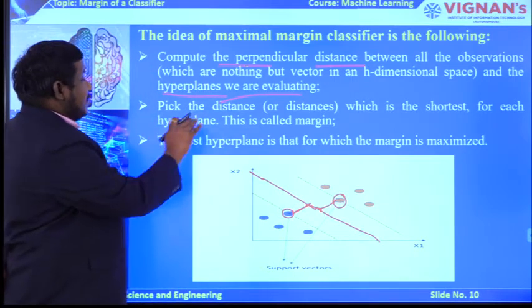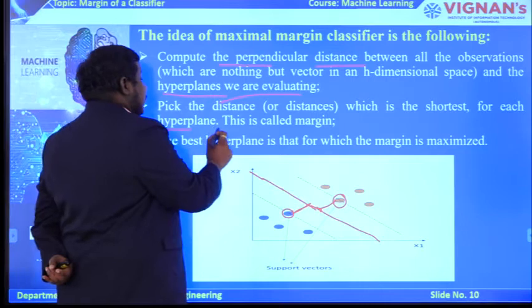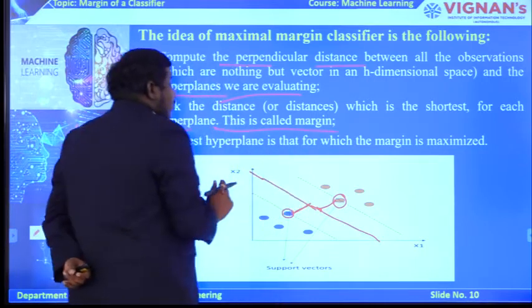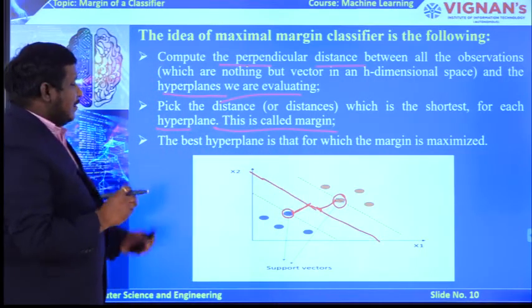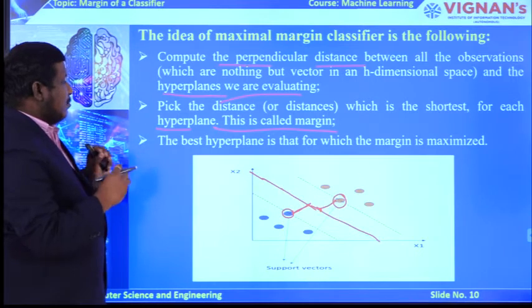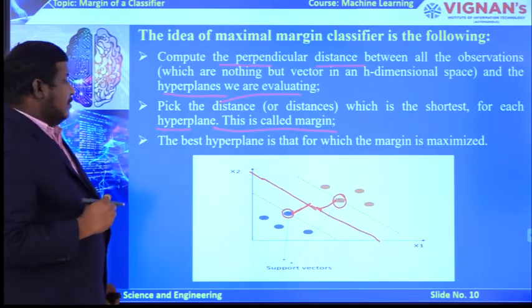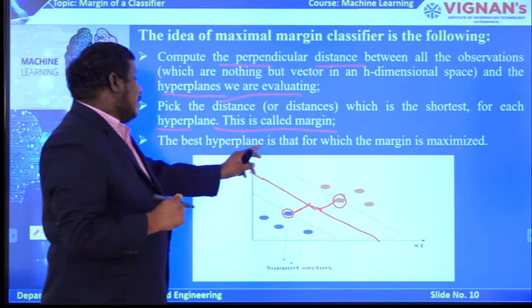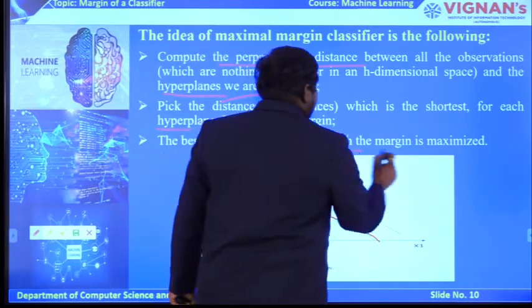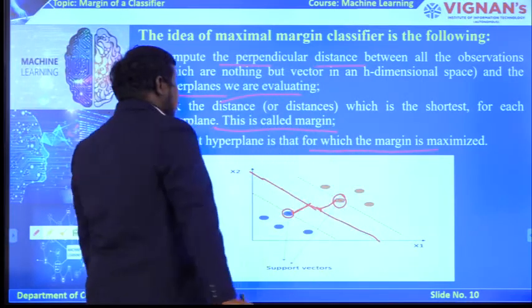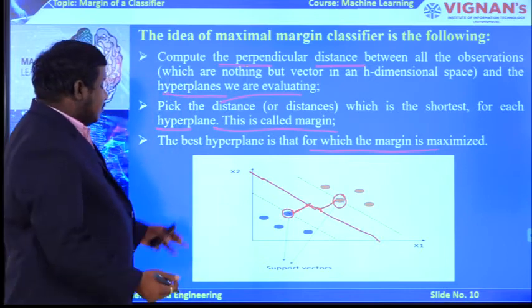Pick the distance which is the shortest for each hyperplane. This is called the margin. So the observation which has the minimum distance will be considered as the margin value. The best hyperplane is that for which the margin is maximized, so we want to increase the distance.